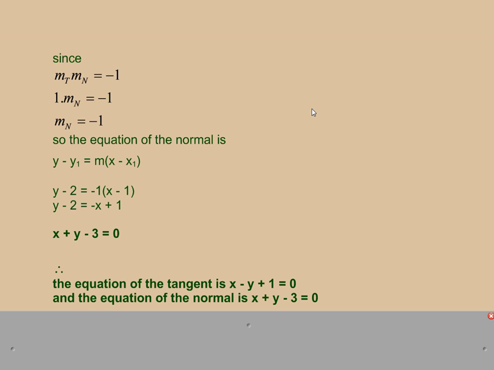In class we'll have a look at all these other types of problems, but they basically come down to using mt times mn equal to -1 to work out the gradient of the normal, and the gradient of the tangent comes from first finding the derivative of the function.